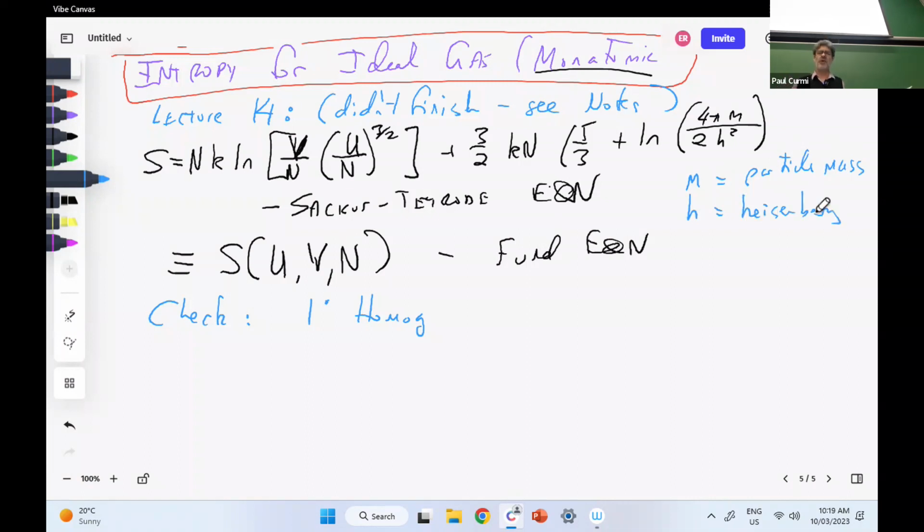So it's semi-quantum mechanical. And I think I'm missing a bracket. Yeah, good, that's it. Check that it's first order homogeneous.